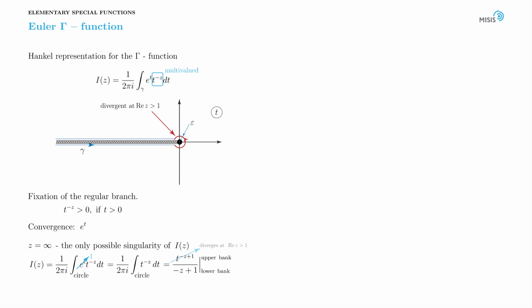So the thing diverges when the real part of z is greater than 1. But we know that the function I of z is regular at any finite z. This superfluous divergence comes from the deformation of the contour, which shrinks it to the vicinity of a branch point. And the answer shouldn't depend on the contour deformation. So when computing the integral, we assume that the real part of z is smaller than 1, and the integral is going to converge. But the answer will hold for all finite z. And this assumption should be lifted at the end of the calculation.